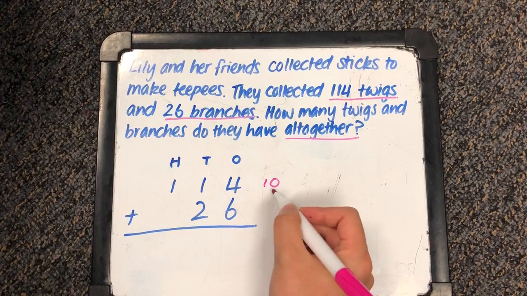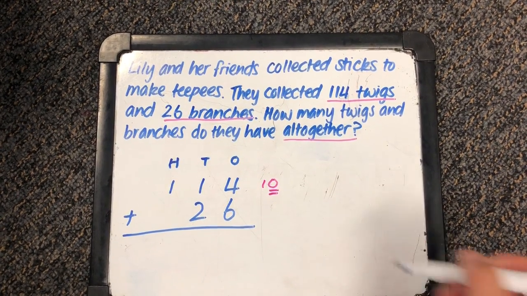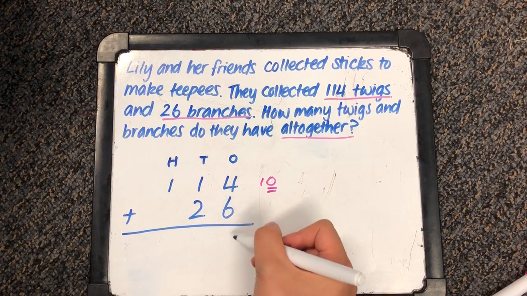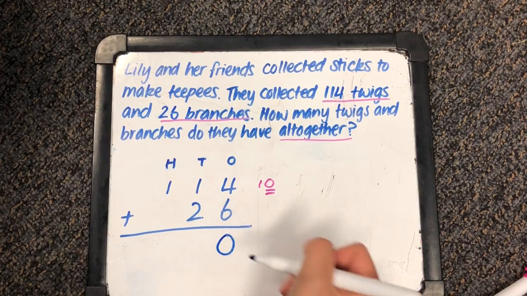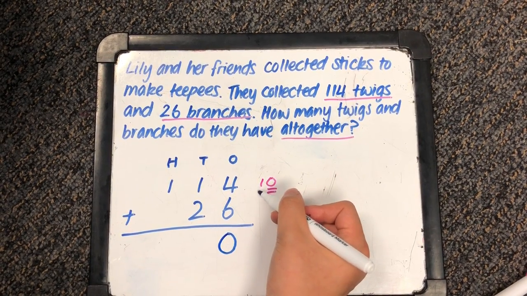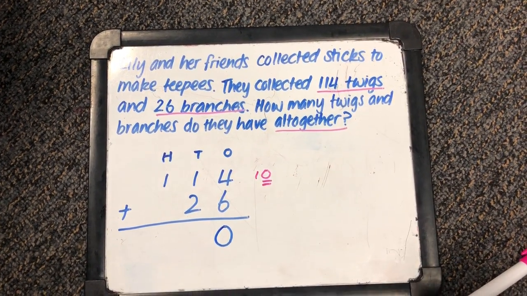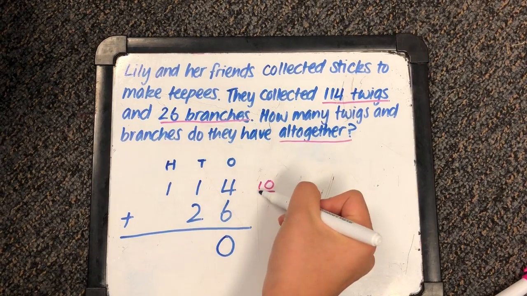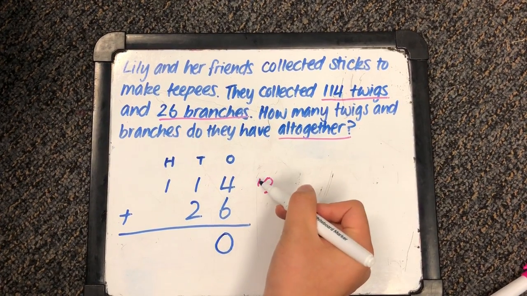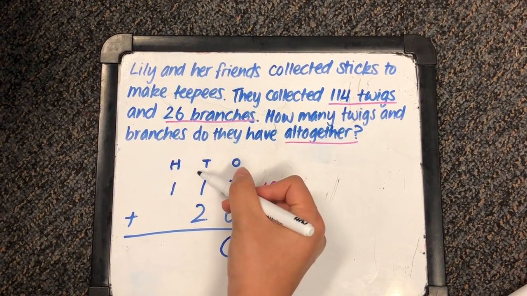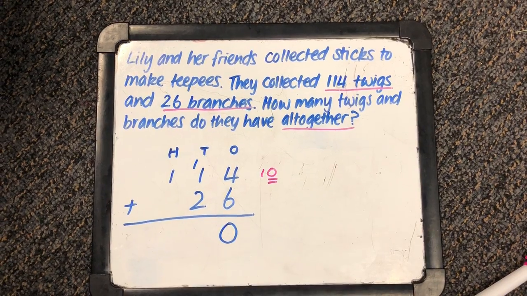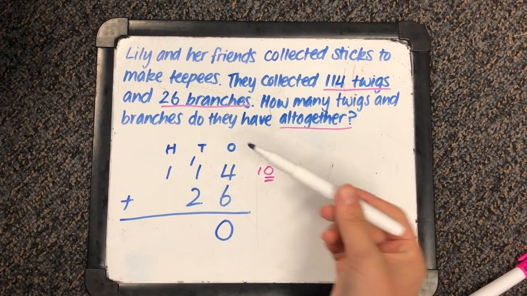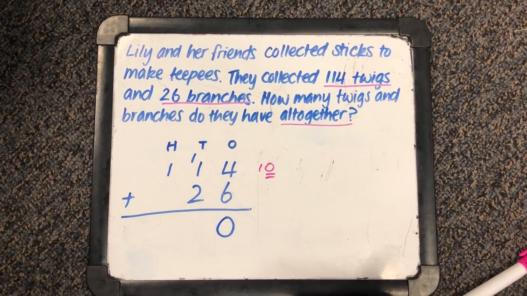Okay, now with 10, there's 0 in the ones column. So I'm going to write down 0. And then there's a 1 in the tens column. Because I can't put that in the ones column, I'm going to move it to the tens column like this.